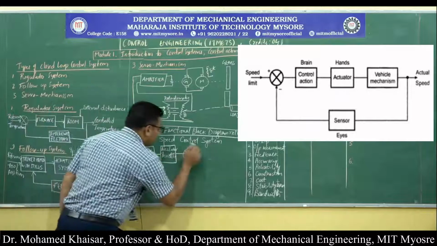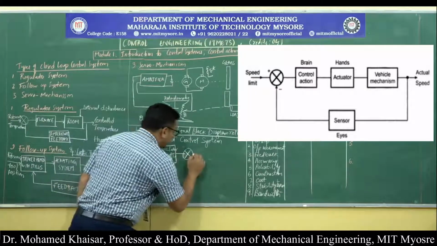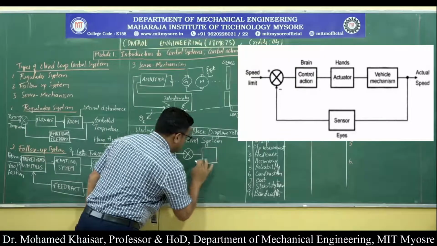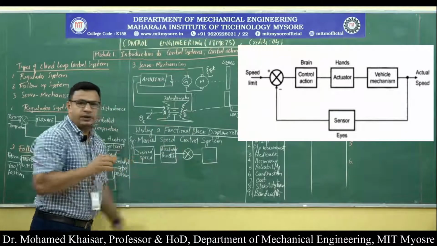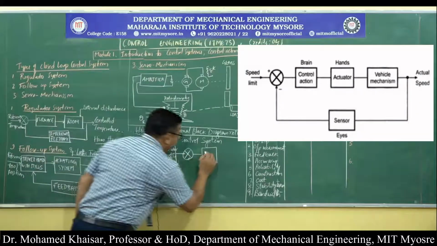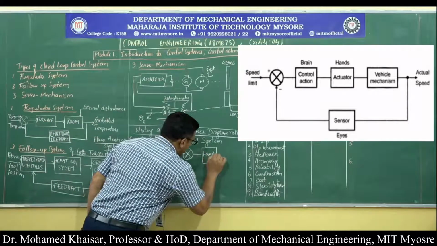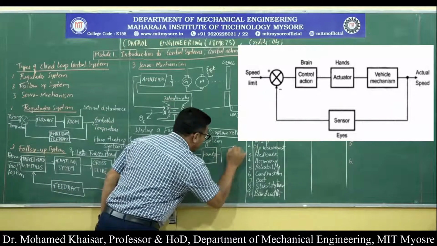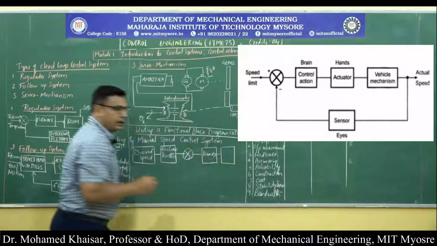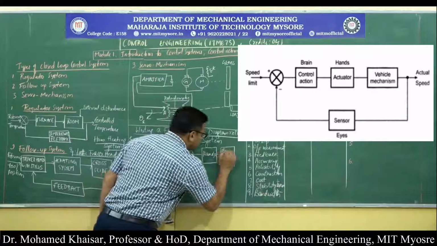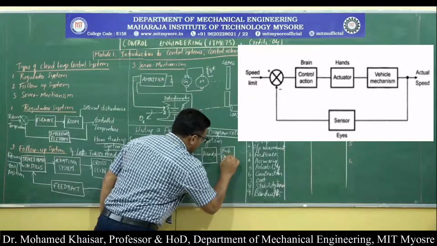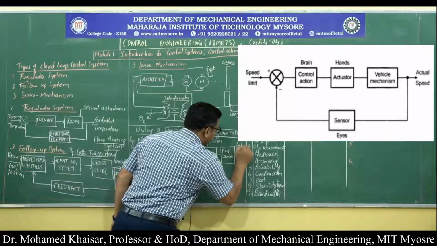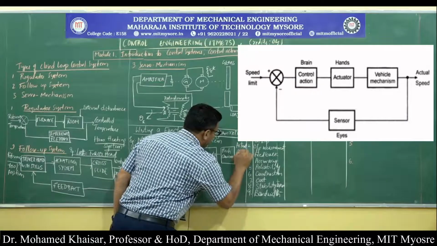The controller is what? The human element. What does the controller do? He sends signals to the hands, and then the hands will actually take up the mechanism, and then what you get over here is the actual speed.